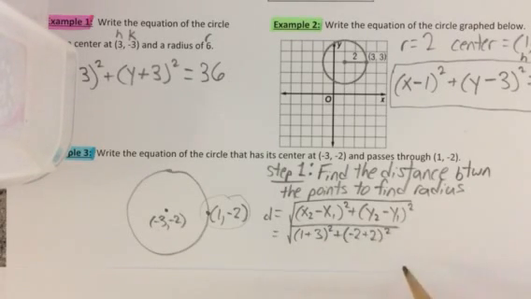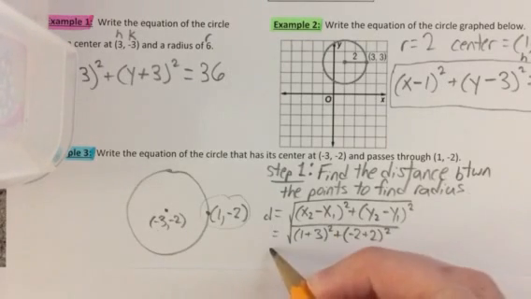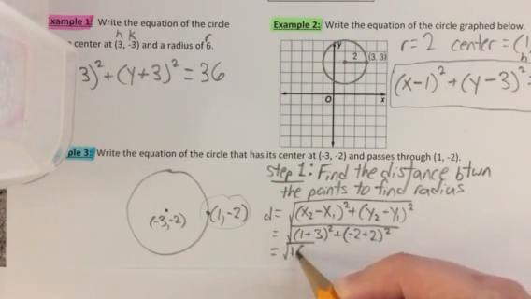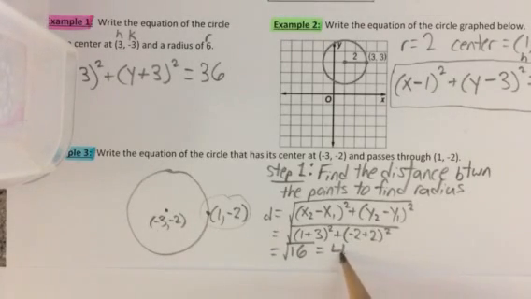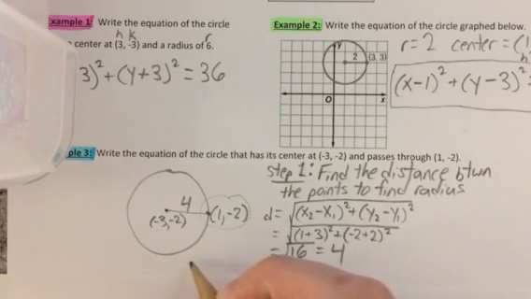So this part goes away. 1 plus 3 is 4. 4 squared gives me 16. So this is just the square root of 16, which is 4. So that told me the distance between the center and this point is 4, which is just my radius. So we can write step 2. Oh, I don't have a lot of room left. Let's write it out here.